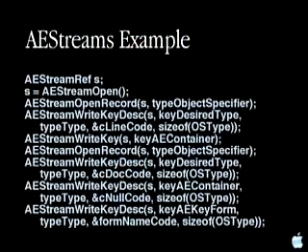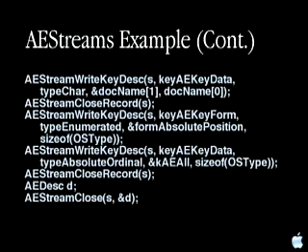If you want to use them, this is what the code looks like. You open, you write, you open a subrecord, you write, you write, you write, you write, you write, you close, you write some more, you close, and you're done. This is more efficient than having to get all of the things that you need collected together at one time, and then creating a desc, and then putting that desc into another desc, and then putting that desc into another desc.